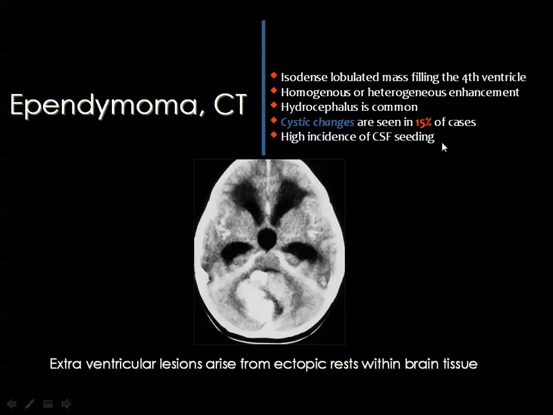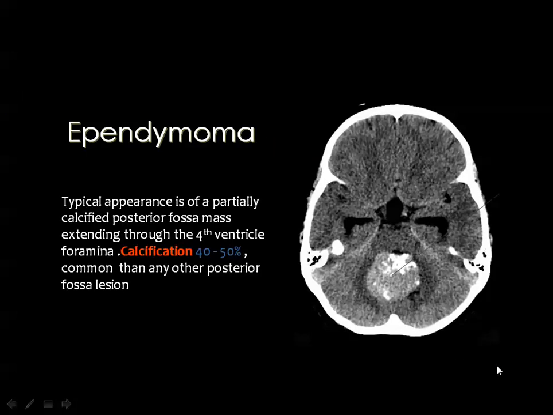Then the tumor may show cystic changes, which are seen in about 15% of the cases, and it is one of the common lesions that produce metastasis with CSF. Whenever you are diagnosing ependymoma, you should look for CSF metastases.